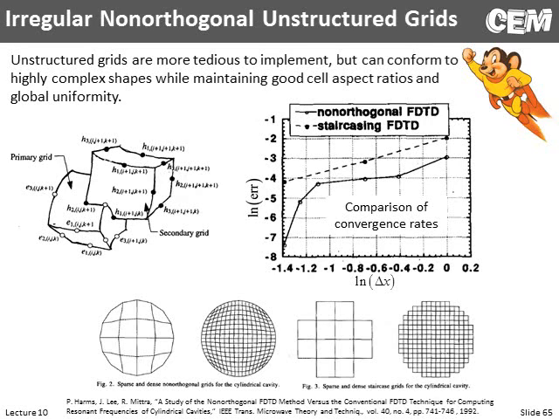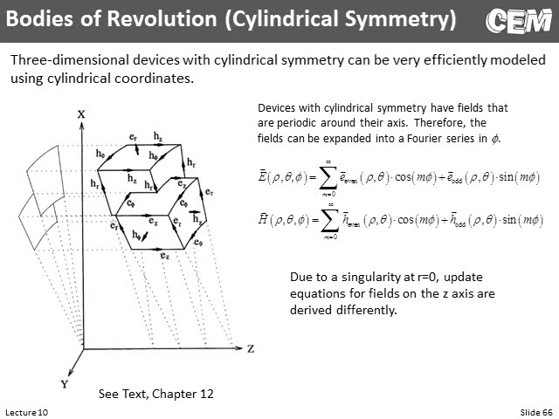And of course, I think the best overall, but certainly the most work and the most trouble, is an irregular, non-orthogonal, unstructured grid. And this has the benefits of everything. There's also certain cases where your devices have some kind of cylindrical symmetry. And in fact, there's a Yee cell in cylindrical coordinates that make this type of analysis very efficient.